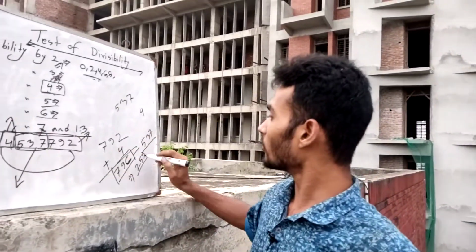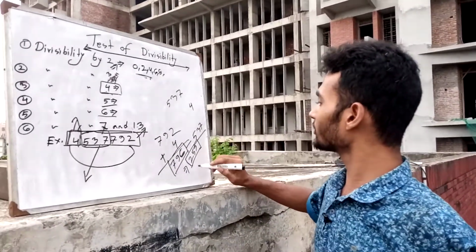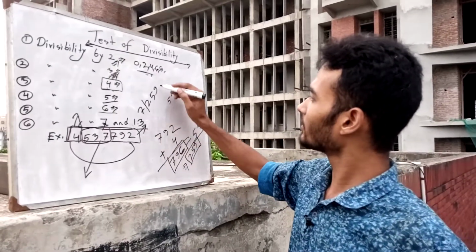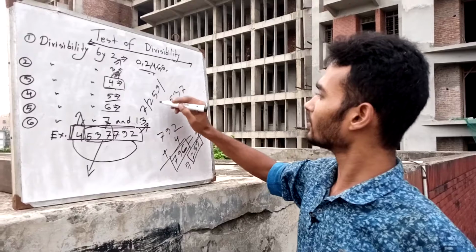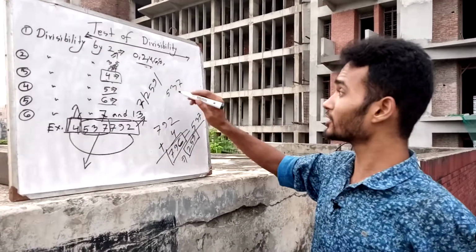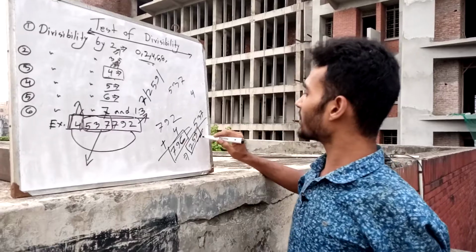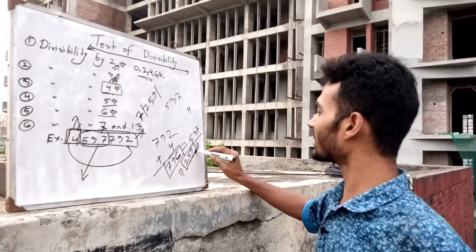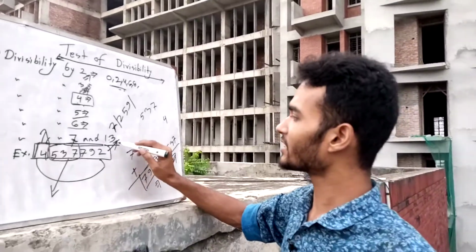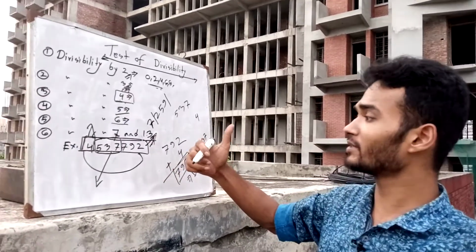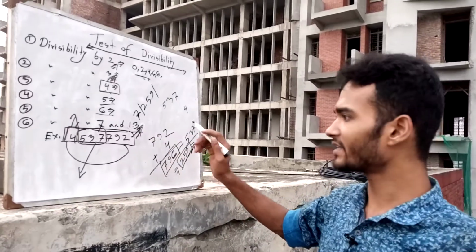Whenever we divide 259 by 7, we can divide it, so the number 259 can be divided by 7, but 259 cannot be divided by 13. So the divisibility tests of 7 and 13 are similar.